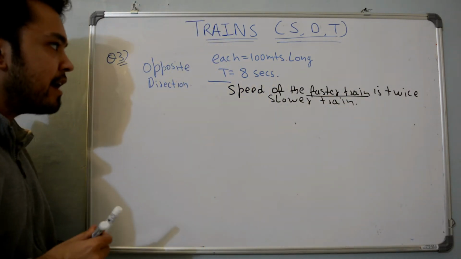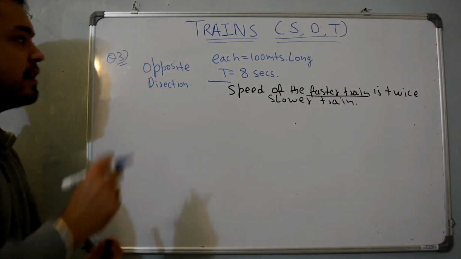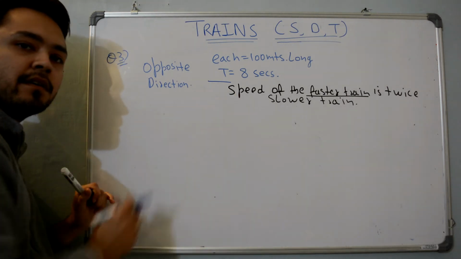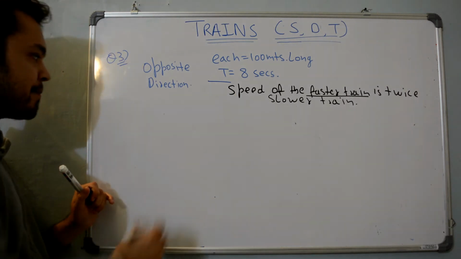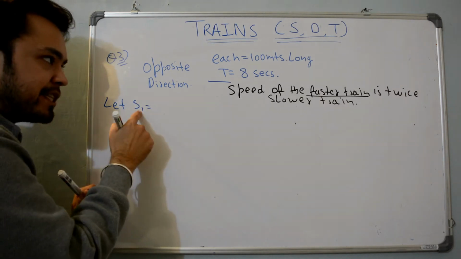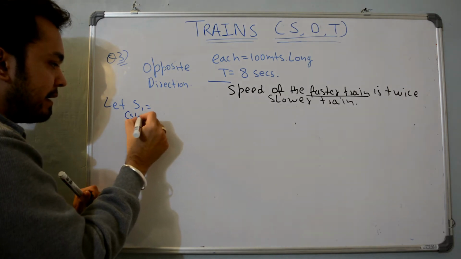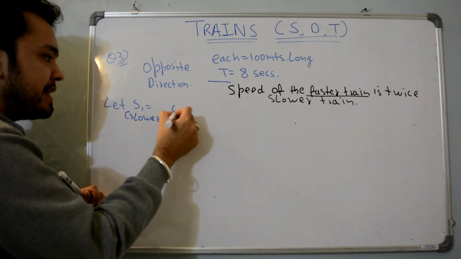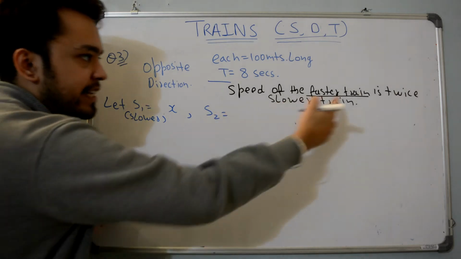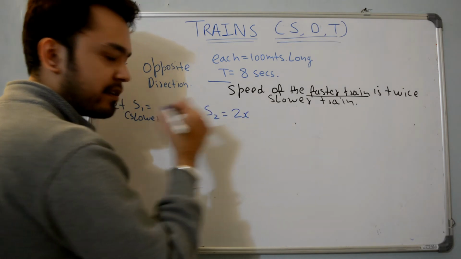Okay, now again we will frame our question first. Very basic. Opposite direction, which means that their speeds will be added, right? So let S1 be the speed of the slower train, right? I'm writing in bracket slower. Let it be x, so S2 will be twice the speed of the slower train, that will be 2x.